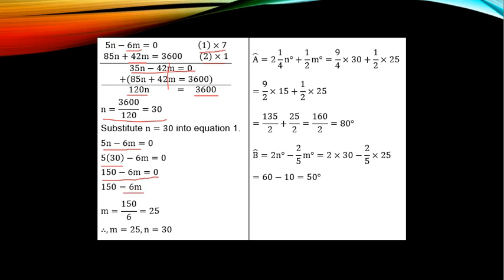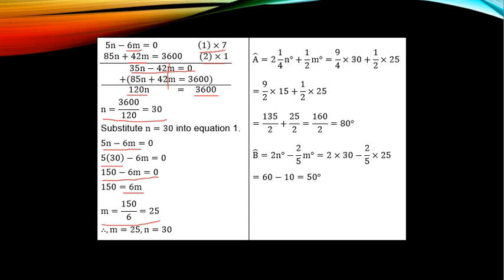So to get m, divide both sides by 6. So m is equal to 150 divided by 6. You have 25. Therefore, m is equal to 25. n is equal to 30. So the values of m and n are known.